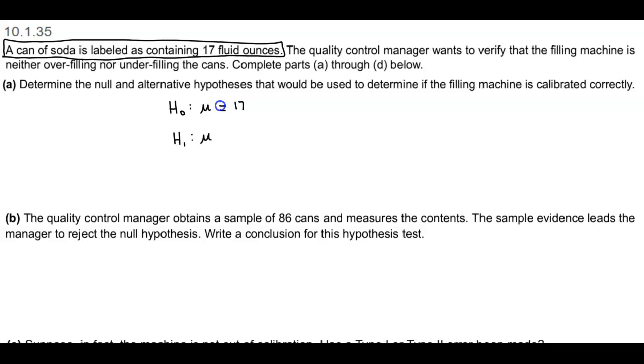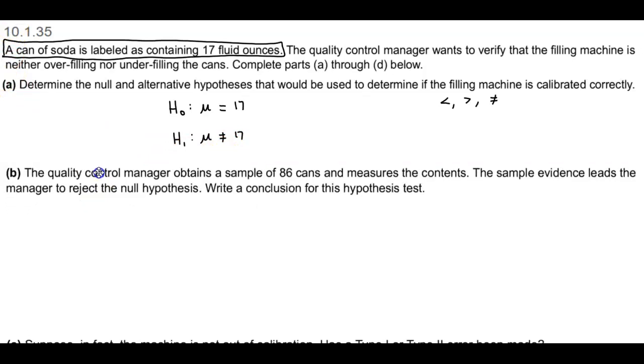So the only other option is a not equals in the alternative hypothesis. Since the problem doesn't contain a less than or greater than, this is going to be not equals 17. And keep in mind that the not equal sign tells us that it is a two-tailed test.